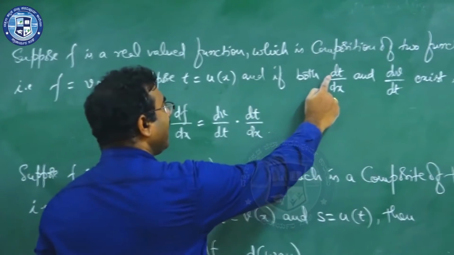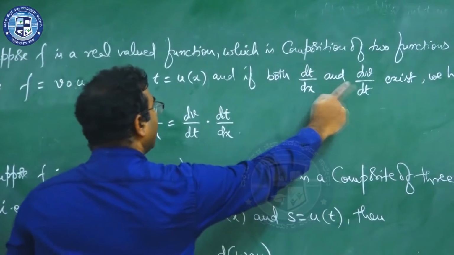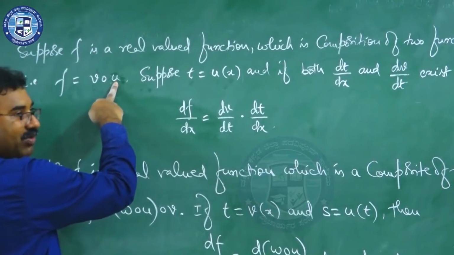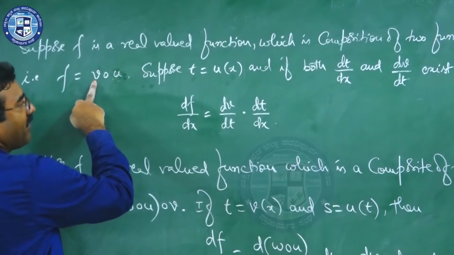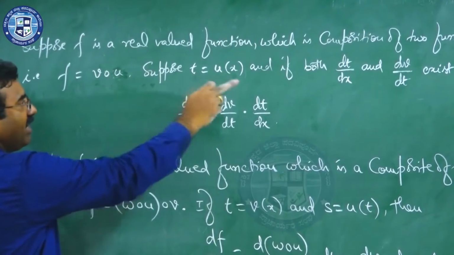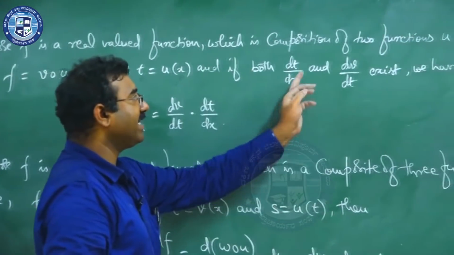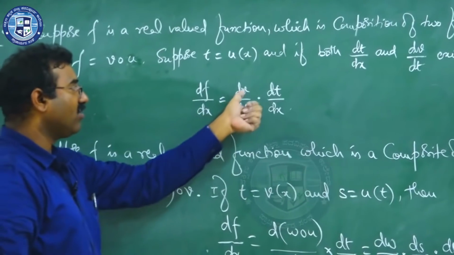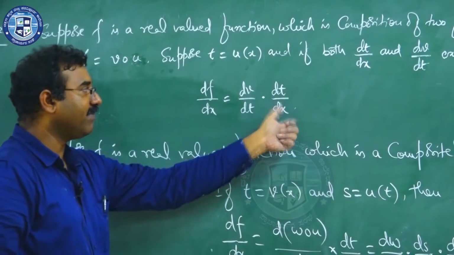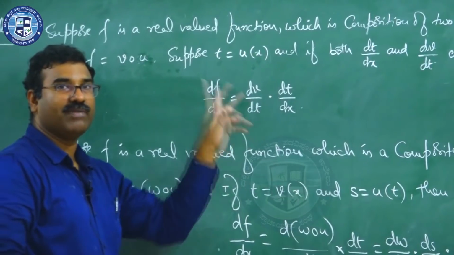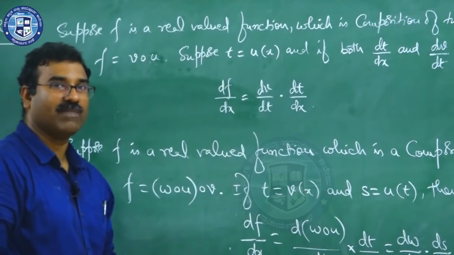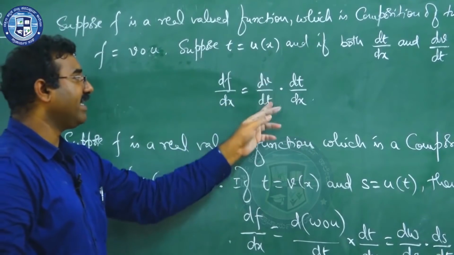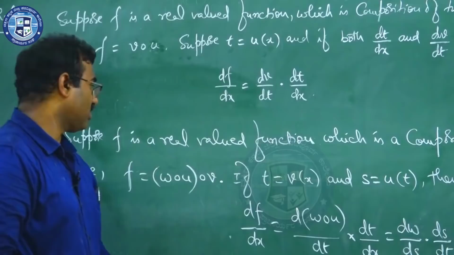If both dt by dx and dv by dt exist, because when you take u as t it becomes v of t, we have df by dx is equal to dv by dt into dt by dx. We call it the chain rule.